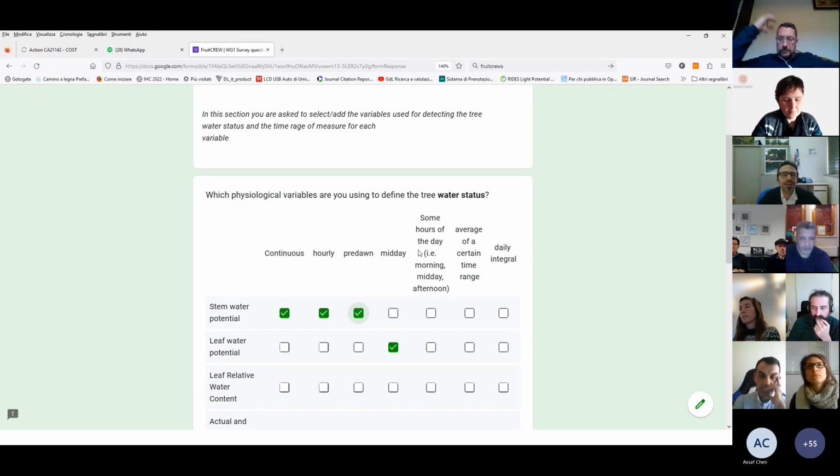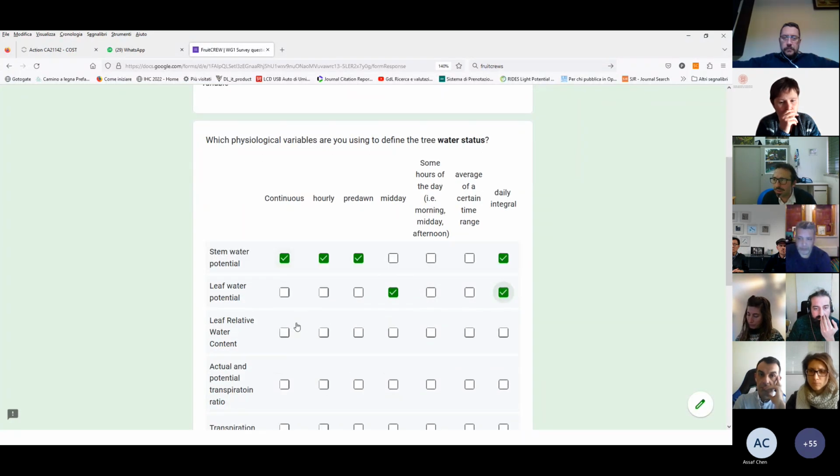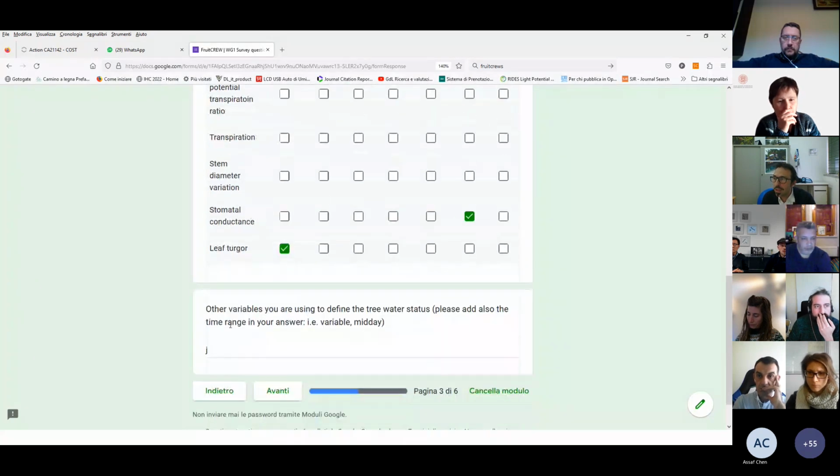There are several cases we are facing when we measure something in our field. Average of a certain time range, or for example, a daily integral, or an integral of a part of the day. So we can choose the time range we are using in our data set.